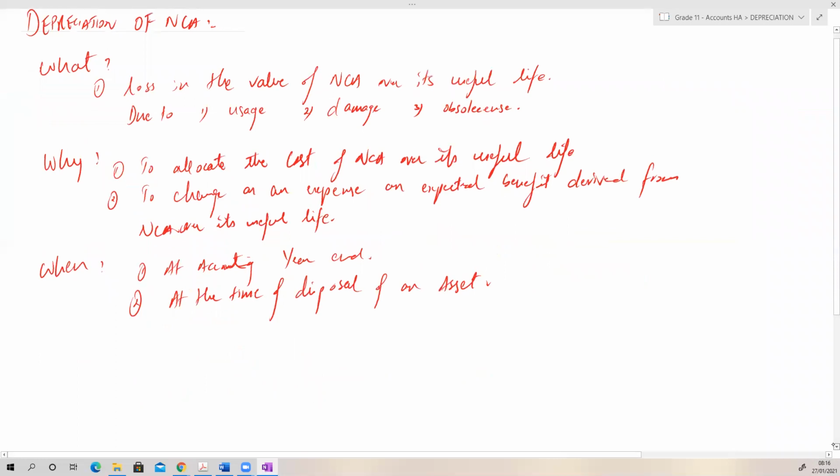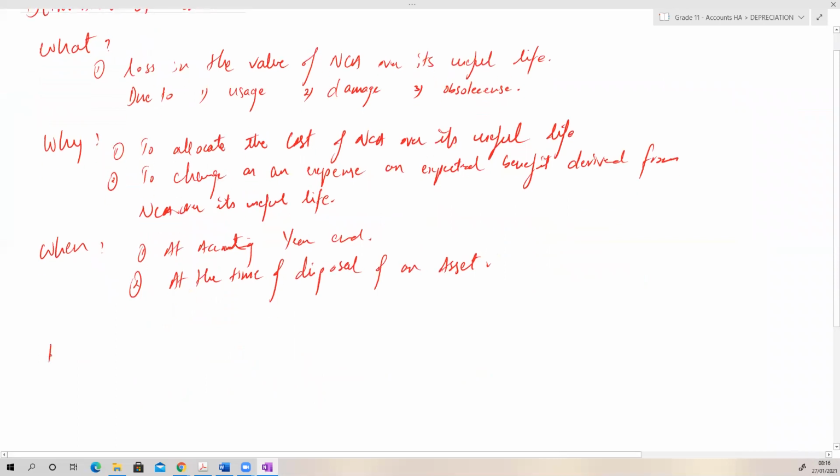There's still one question that remains. How do you charge it? Number one, straight line method. What is the formula for straight line method?